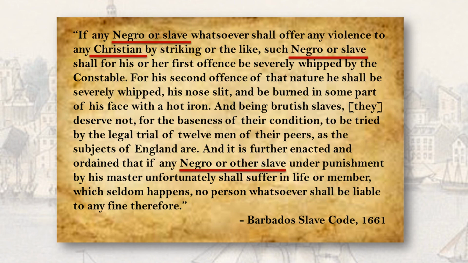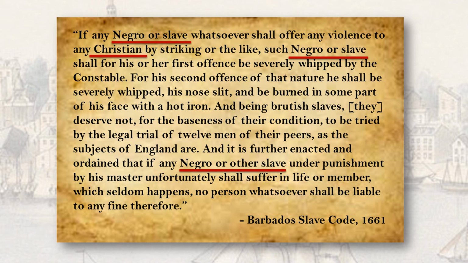Now ask yourself, why does a distinction need to be made? Why are we describing Negro or slave in this way? If, as my students commonly think, blackness is somehow synonymous with slavery in the 17th century, that seems to not be the case, because there is a distinction being made.